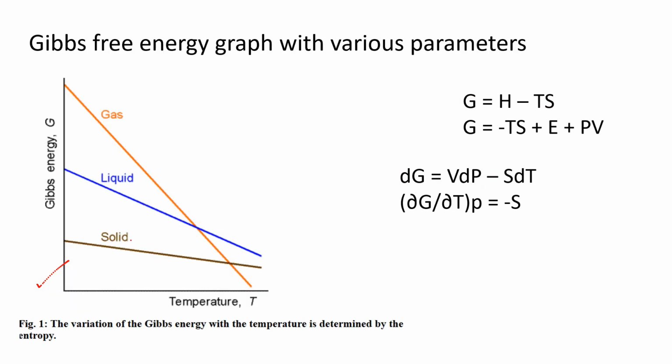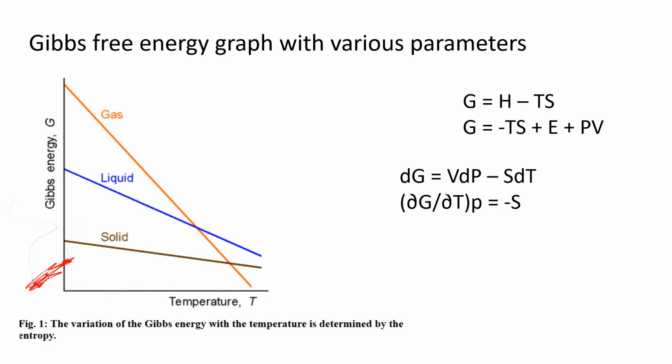Now this is the Gibbs free energy graph with various parameters. So G is equal to H minus TS, and we know that dG is equal to VdP minus SdT.